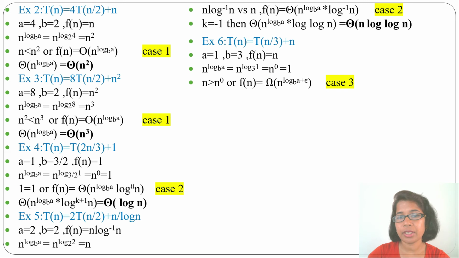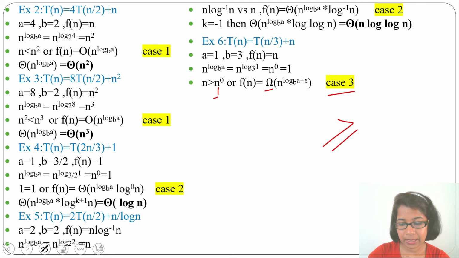Obviously, n is greater than 1. Or you can write function equals omega of n power log a base b. The omega symbol is for greater than or equal to. So it comes under case 3, as the function is greater than n power log a base b.